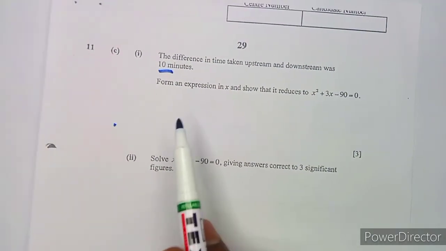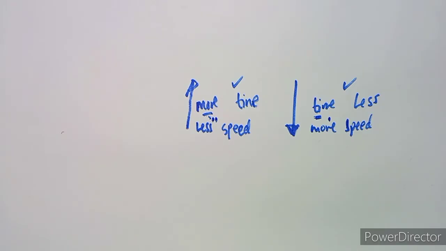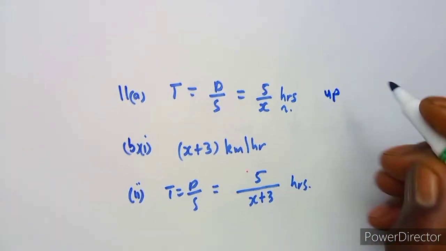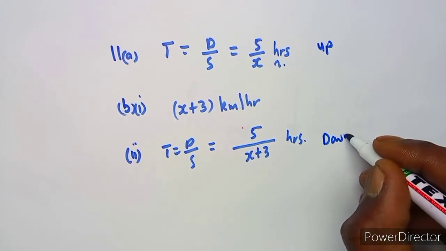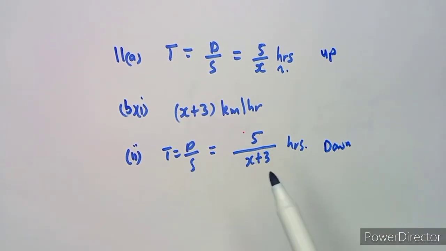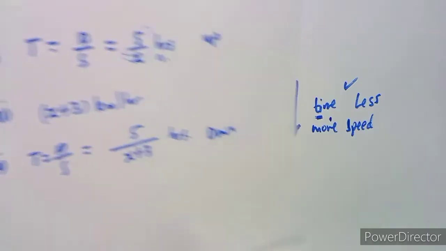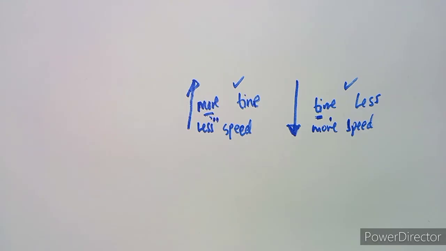And remember the expression for time that we found earlier. This was the expression for time when going upstream, and this one for downstream. So what does it mean? From this part, we are going to take this time for upstream. We say this is the more time, so it is going to be the difference between.